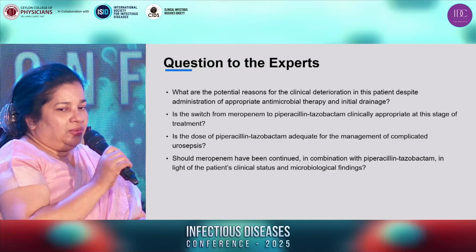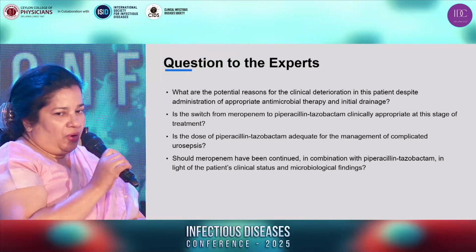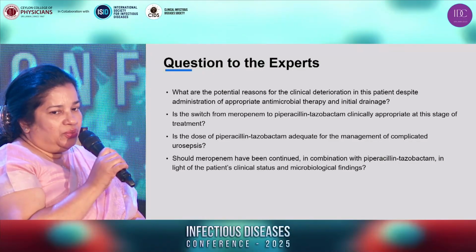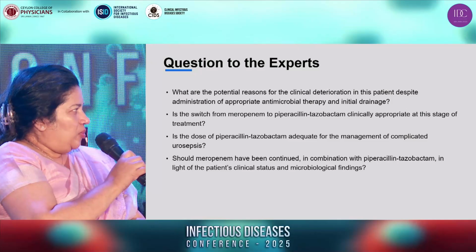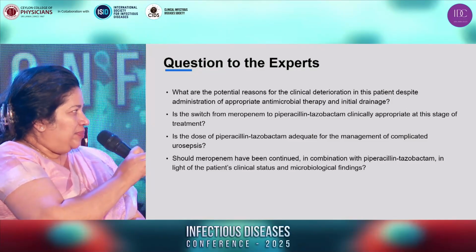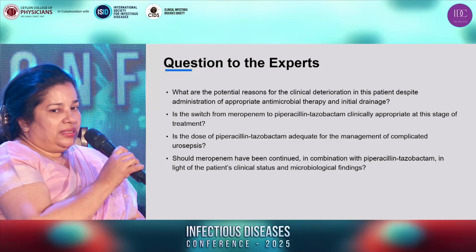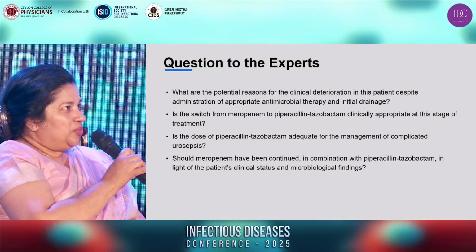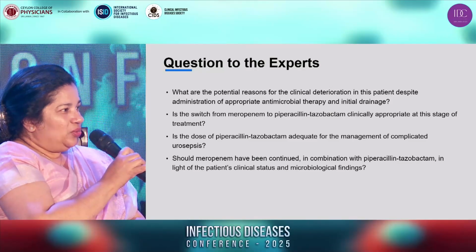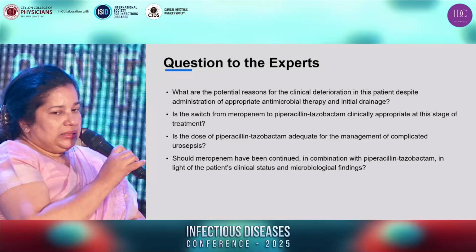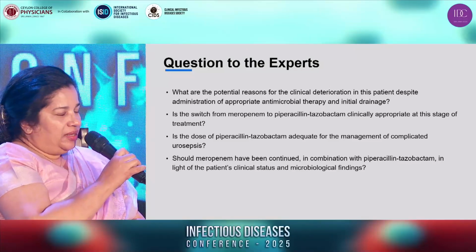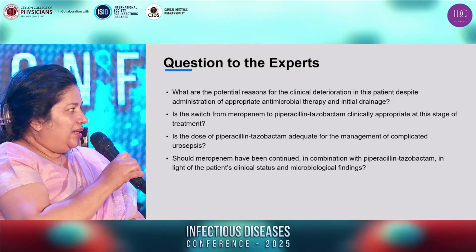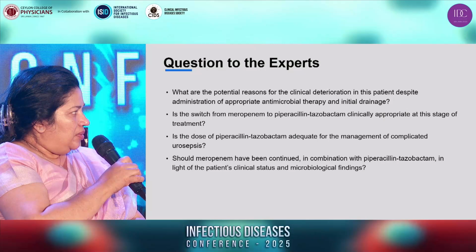If the source control was not properly attended to, I don't see any reason to step down from meropenem to piperacillin-tazobactam. It's a stepping down, and it is an ESBL producer as well. Usually, with ESBL producers, unless it is a urinary tract infection, we don't treat with piperacillin-tazobactam most of the time. We go for meropenem. Probably this was misguided by the urine culture report, which came with Pseudomonas.